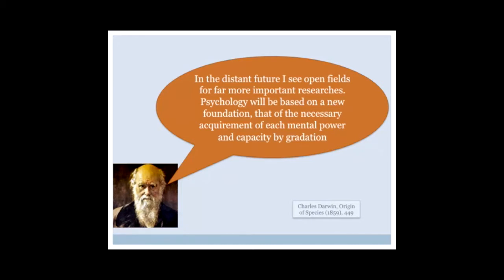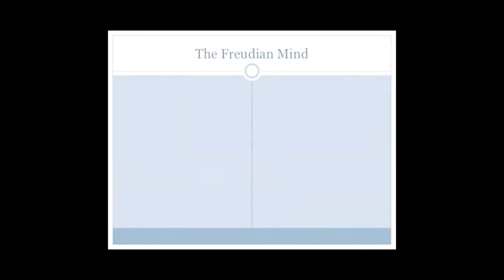Psychology will be based on a new foundation, that of the necessary acquirement of each mental power and capacity by gradation." So he's suggesting that his own evolutionary theory, evolution through natural selection, is going to have an impact upon psychology, the understanding of how the human mind functions.